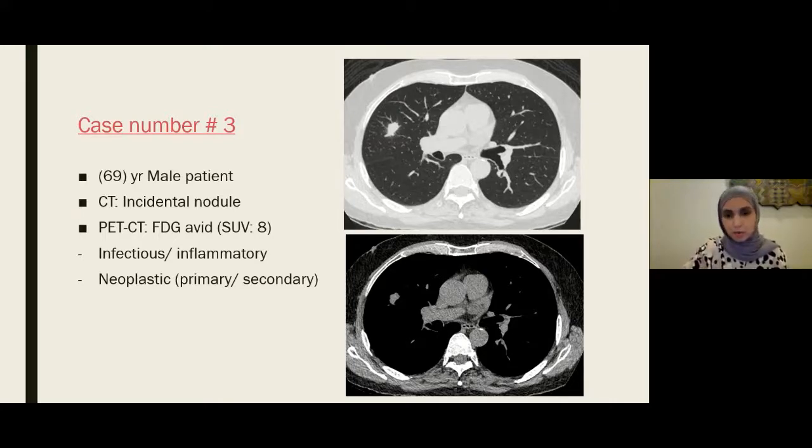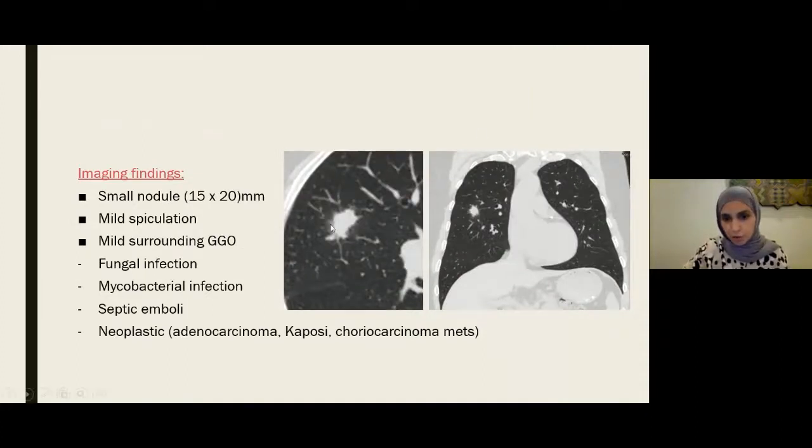A zoomed view shows more features of this nodule, which shows minor spiculation with surrounding ground-glass opacification. The differential diagnosis for such a pattern can be a fungal infection, mycobacterial infection, septic emboli, and neoplastic etiology.